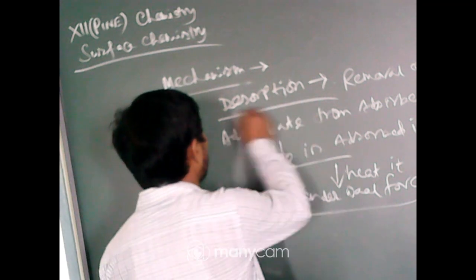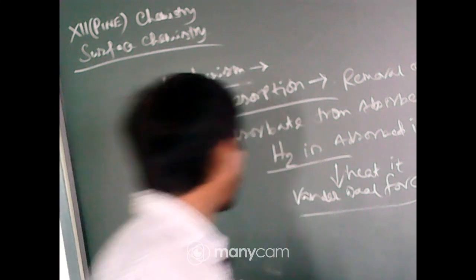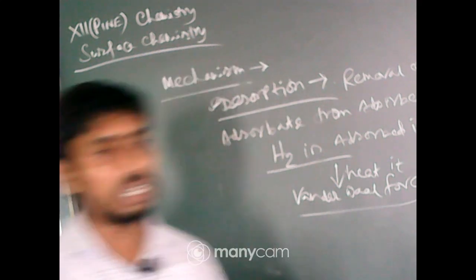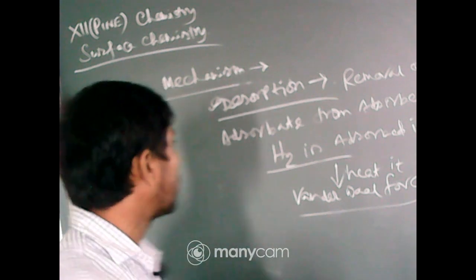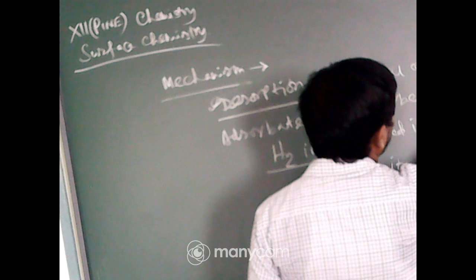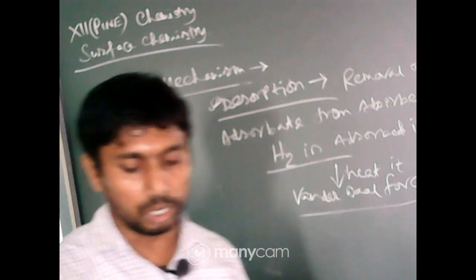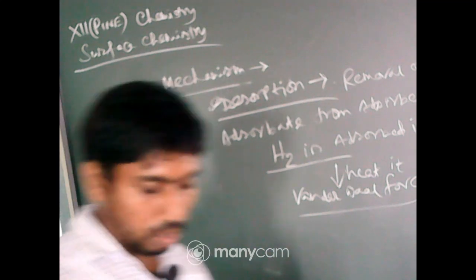So, it is called desorption, the removal of the adsorbate from the adsorbent. Okay. So, this is the second point, what desorption is. What is the agent? The agent is heat. Heat is the one agent which may weaken the bond. Okay.